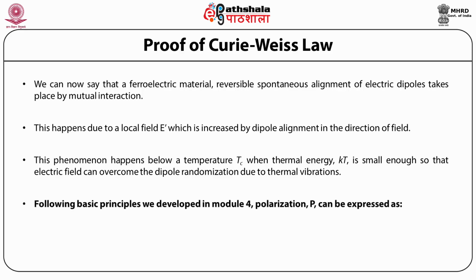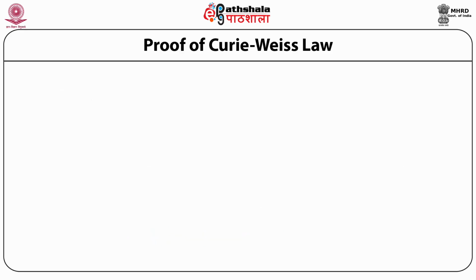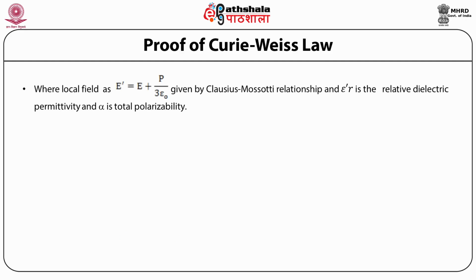We know that the polarization can be expressed as P is equal to epsilon r minus 1 into epsilon naught E, which is equal to n alpha E', where E' is the local field, given as E plus P upon 3 epsilon naught, which is given by the Clausius-Mossotti relationship.